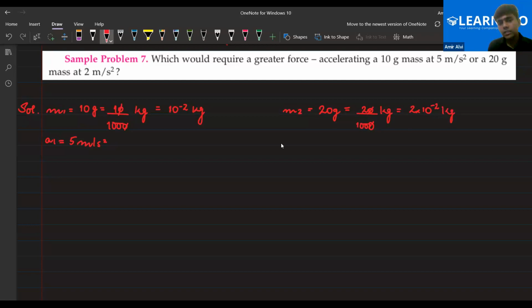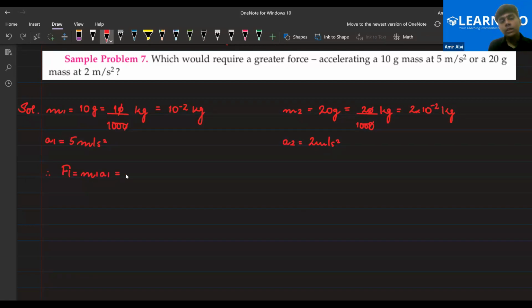And acceleration in that case would be 2 meter per second square. Clear everyone? Please do let me know. Now, how will you calculate the force using the simple formula, force equals mass into acceleration, that is F1 equals m1a1.